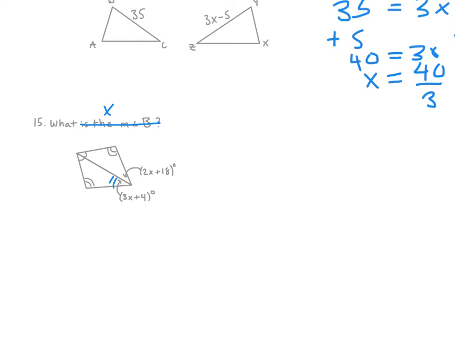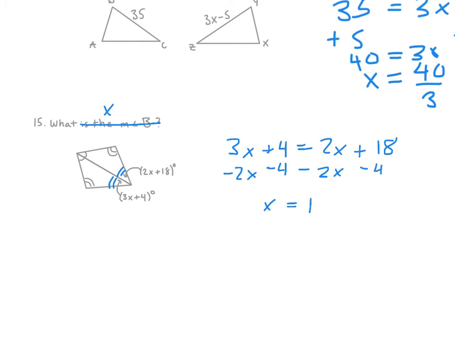We know that this angle is going to be congruent to this one because of the third angles theorem, so we can set them equal. So we have 3x plus 4 is equal to 2x plus 18. So now we solve for x. What'd you get for x? Anybody? 14.